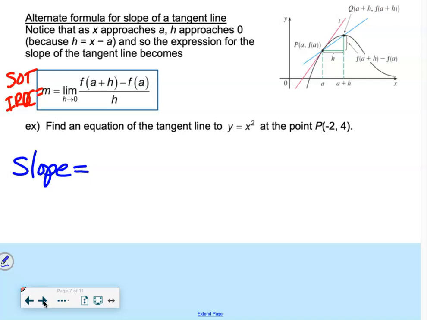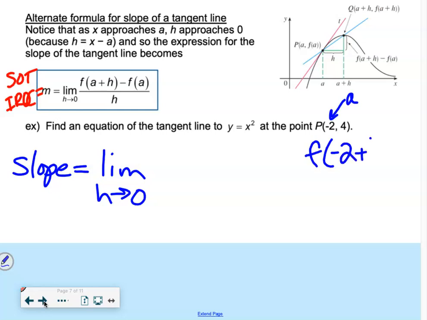So our slope: the first part is the limit as h approaches 0. Here's the part that people mess up. f of a plus h. What's our a? -2, right? So we want f of -2 plus h.